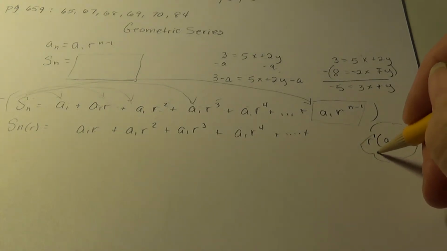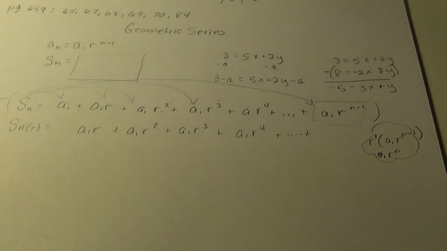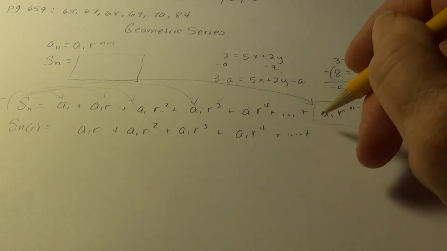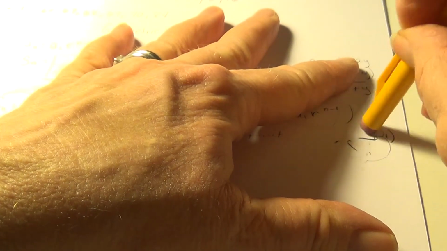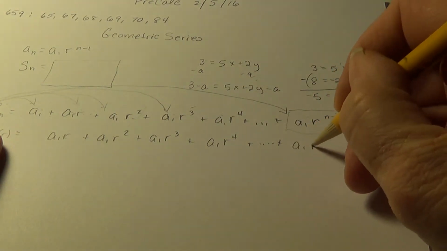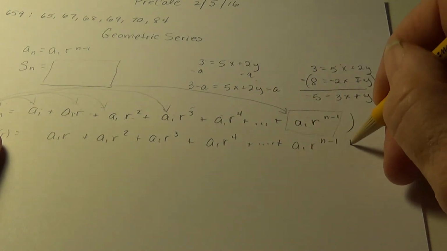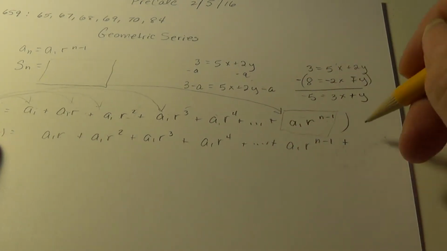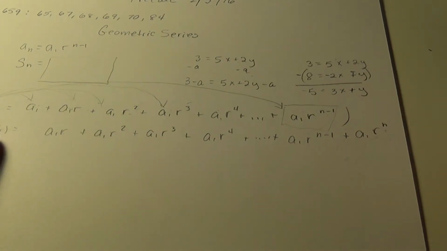Alright, I can almost hear you say a sub 1 times r to the n, because the 1 and the minus 1 will add up to 0. So I'm going to get that out of my thought cloud and put it in the expression here. We will have something like a sub 1 r to the n minus 1 when I multiply it times the term right before this that I don't show in the dots, and then I'll have the one I just showed you, a sub 1 r to the n.